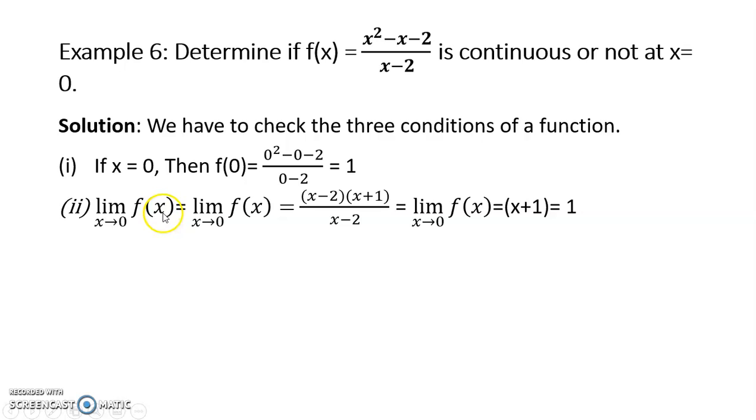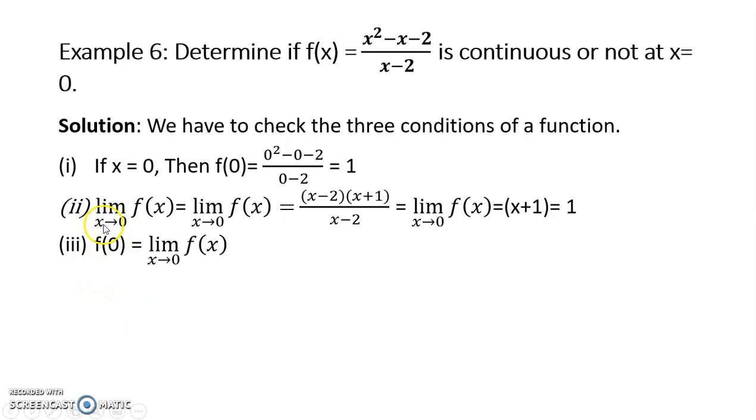Limit of f of x as x approaches 0 equals the limit of the quantity x minus 2 times the quantity x plus 1 all over x minus 2, which equals the limit of x plus 1 as x approaches 0, which is 1.